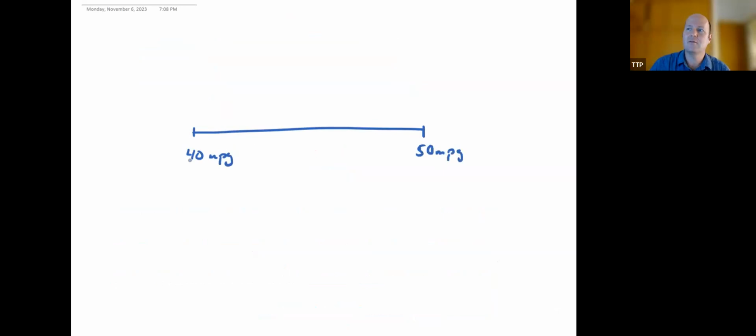Miles per gallon. This is the city, this is the highway, and let's say this person does on average 48.